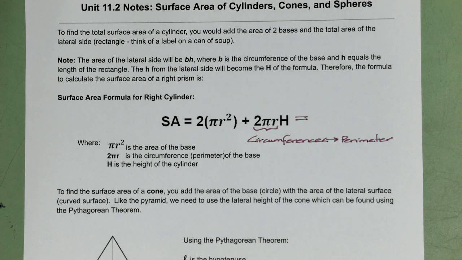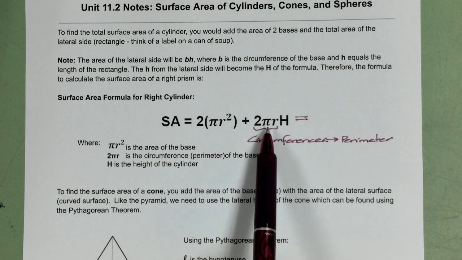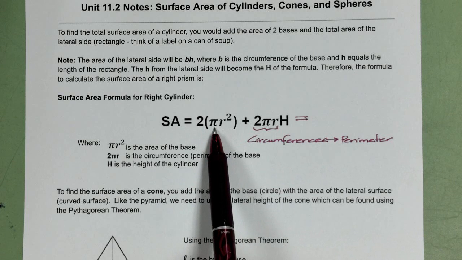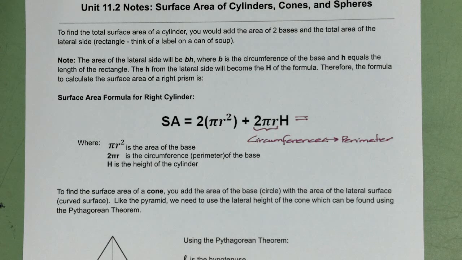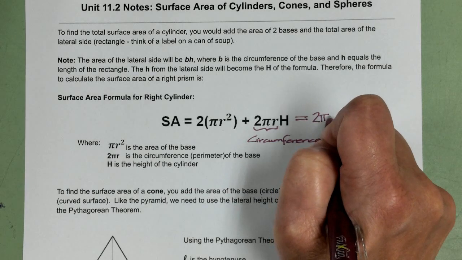a simplified version of this that you may or may not want to use. Notice that both of these terms have a 2. They both have pi, and they each have at least one r. So that is the greatest common factor. I can factor that out, 2 pi r.